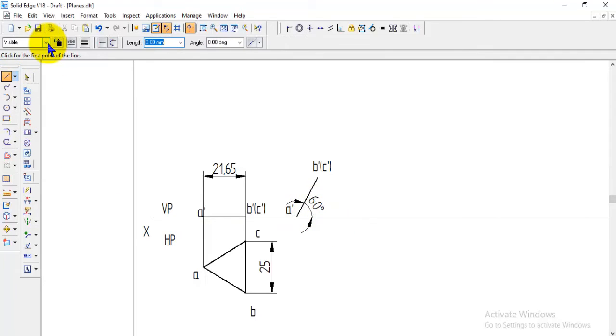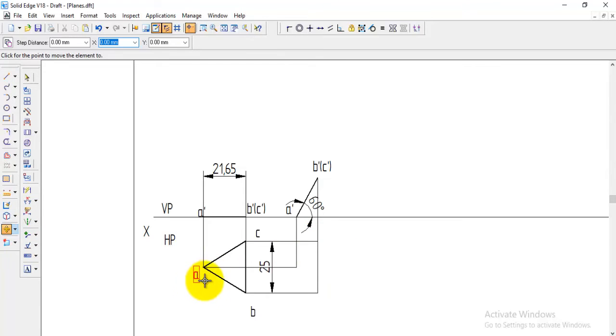And next take the Line, Normal Line, and draw the projections. To get the top view we need to draw the projections, and here from A dash I am getting A, and this will be A. Now B dash and C dash, here we are getting B, and in the same way C, and you can get C here.